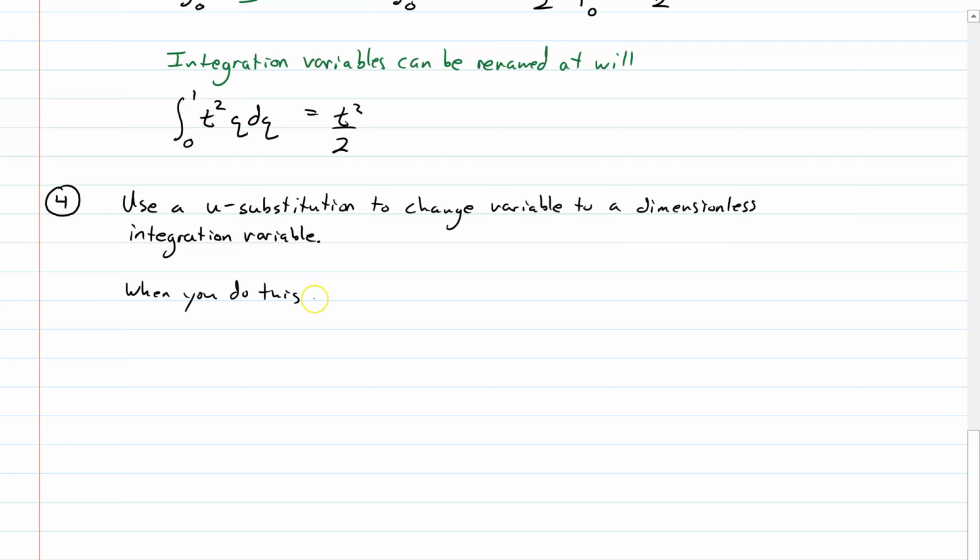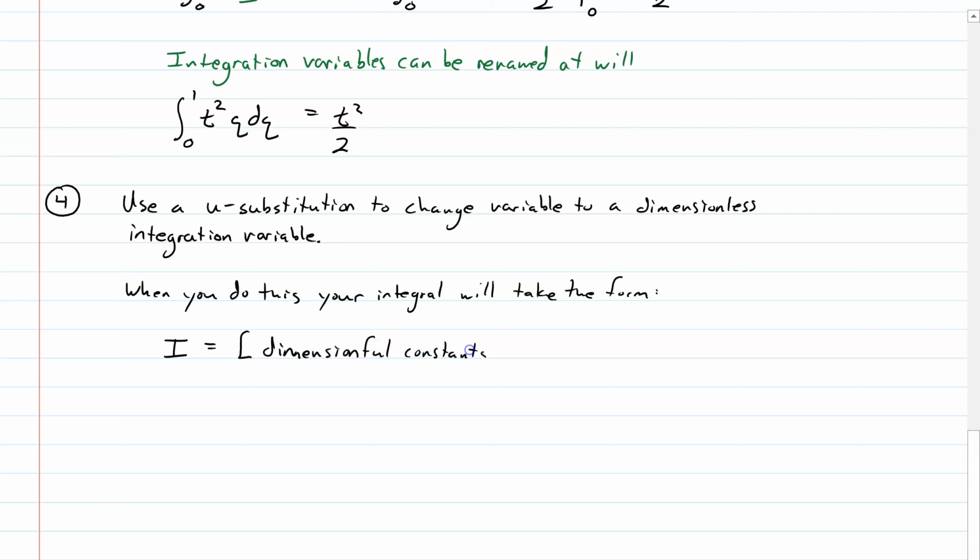And when you do this, your integral will take the form of something like this. It'll have some dimensionful constants, so those are the things that have units, which will be outside of the integral.